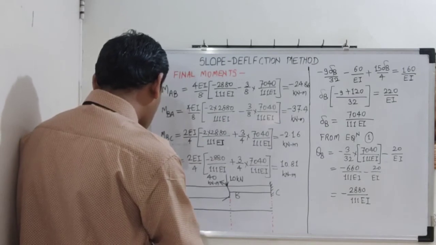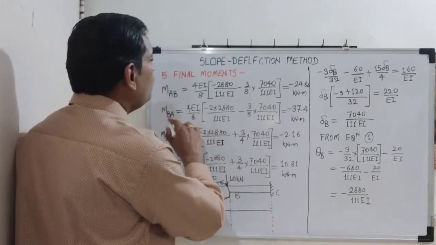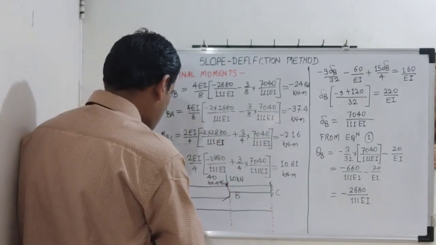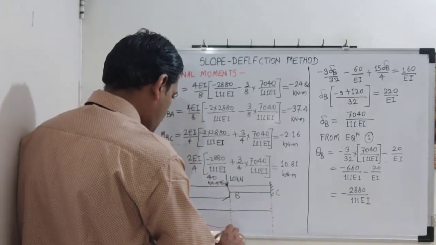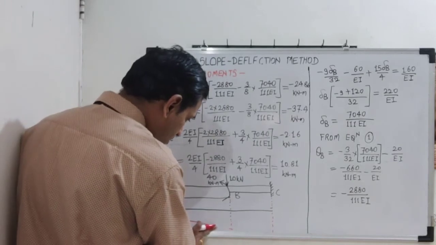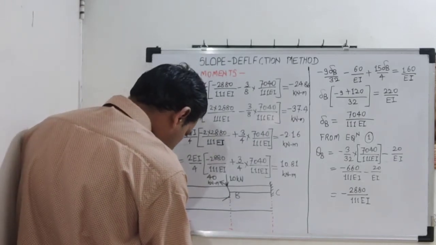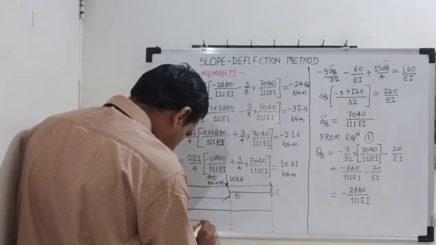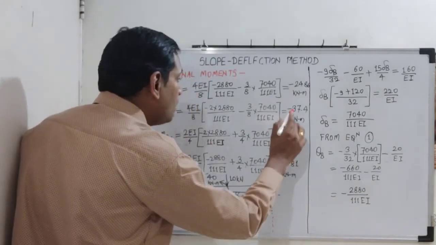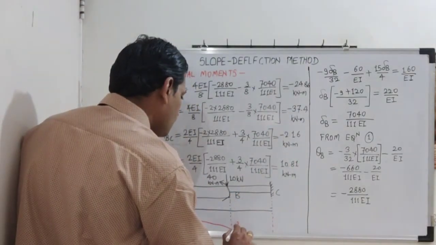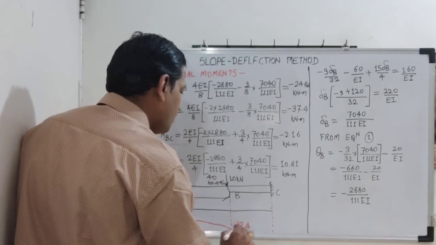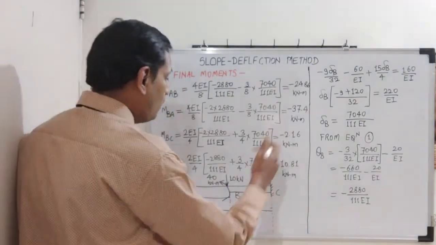Okay. Then go to BA, so it is 37.4, with minus sign.